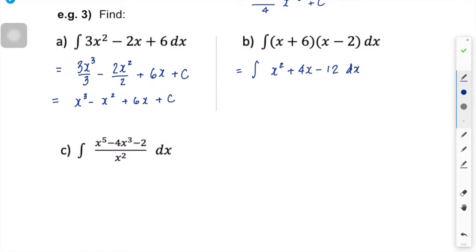So now I have x cubed over 3 plus 4x squared over 2 minus 12x plus c, where I should reduce the second term. Plus 2x squared minus 12x plus c.